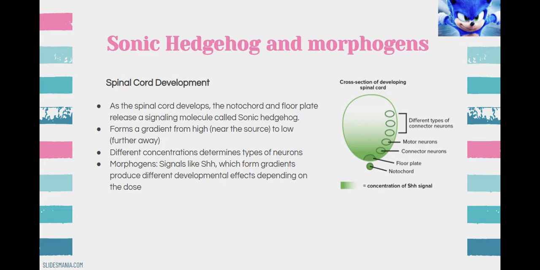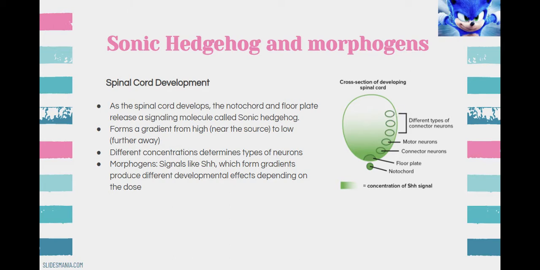But this forms a gradient from a higher concentration to a lower concentration. The higher concentration is going to be found close to the notochord, where that signal came from, and then it's going to basically diffuse into lower concentrations as you get further away from the source of that signal.